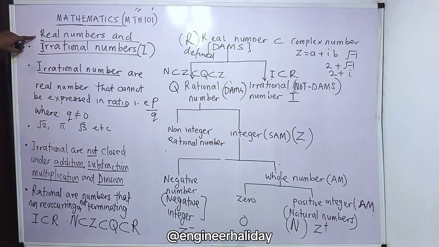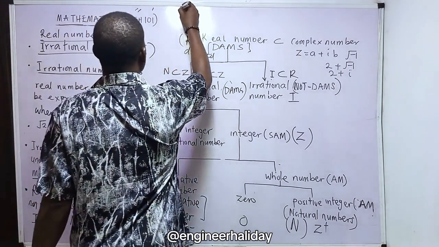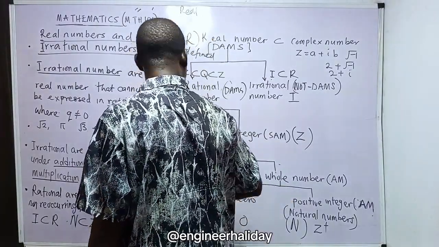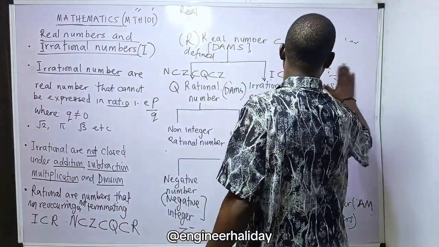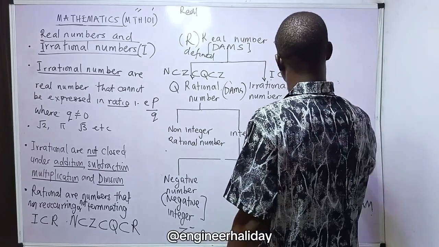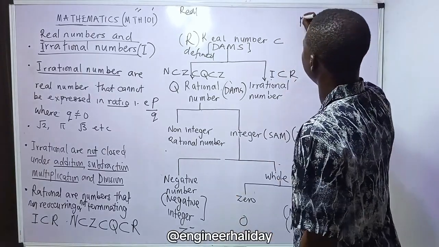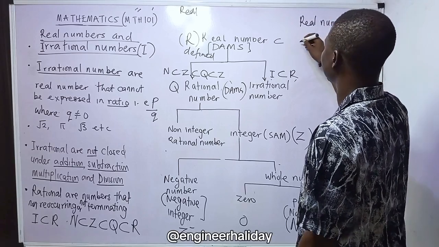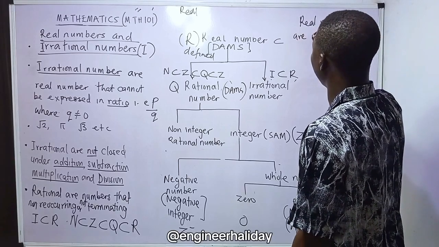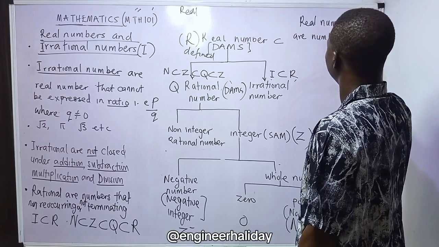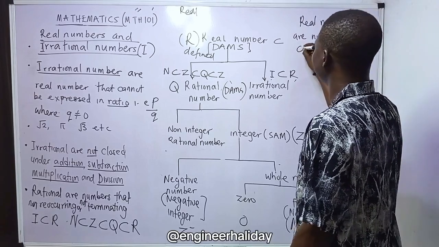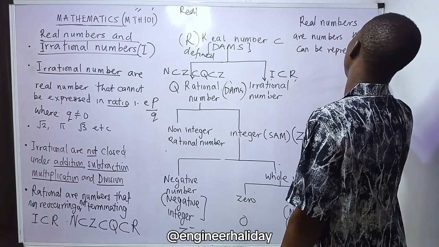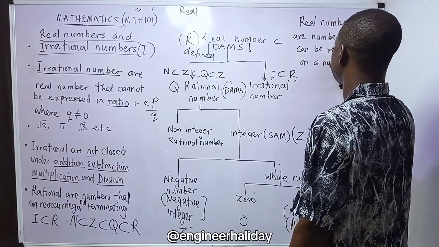Now, real numbers are numbers that can be represented on a number line.